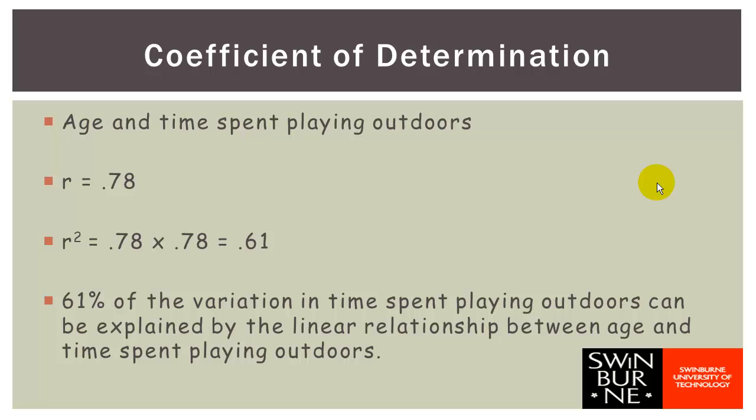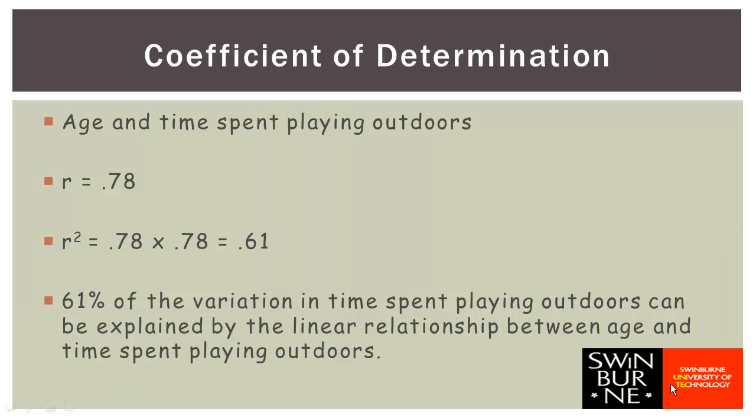So this is a really important relationship in estimating how much time children spend playing outdoors. Of course, it's also unrealistically strong in that the data was purely fictitious. So we wouldn't get a Pearson's R of 0.78 in a realistic study of this sort.